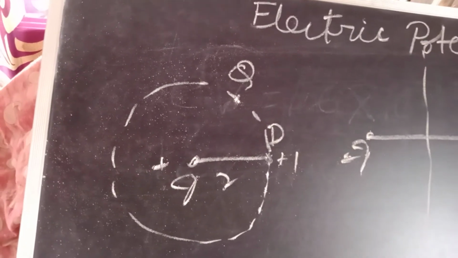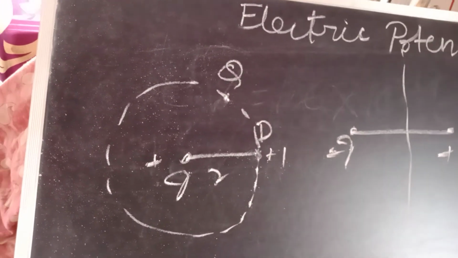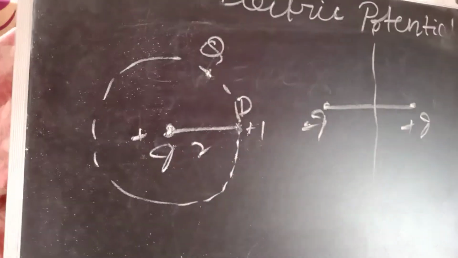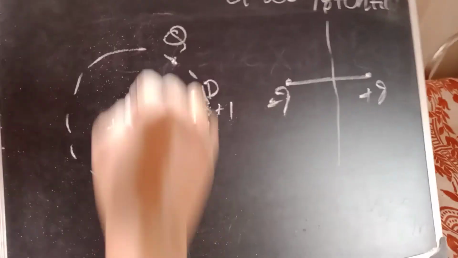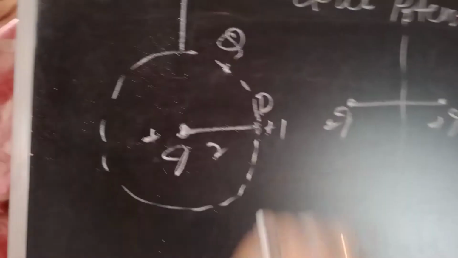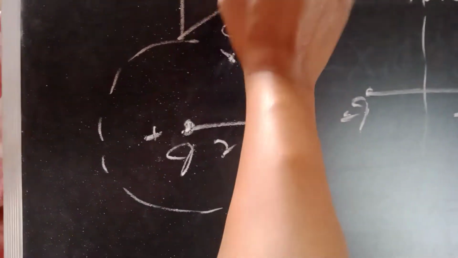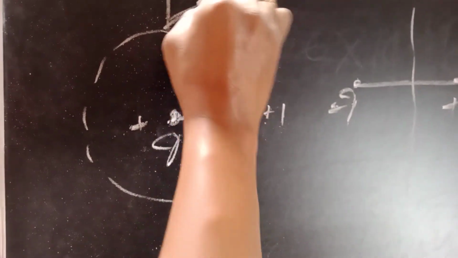Number 2: electric lines of force always cross the equipotential surface perpendicularly. Suppose we take an electric field in a direction that makes an angle theta with the tangent to the surface.